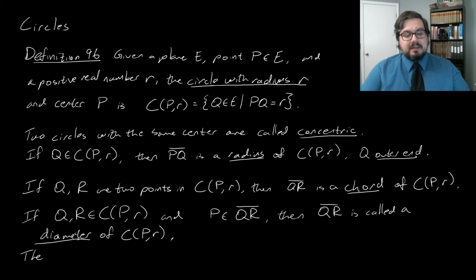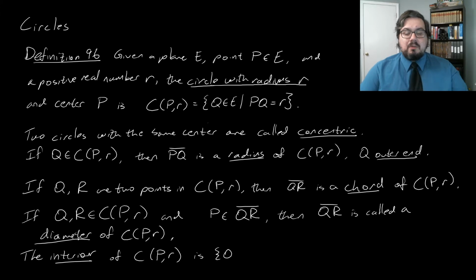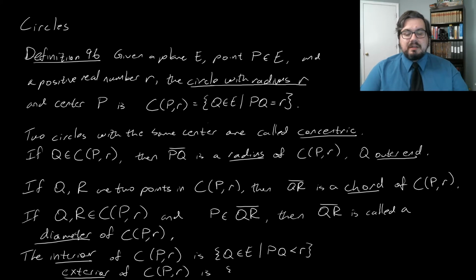And then finally, the interior of the circle with center P and radius R is the set of all points Q in the plane such that the distance from P to Q is less than R. And the exterior of the circle with center P and radius R is the set of all points in the plane where the distance is greater than R. So these are all fairly standard pieces of notation.